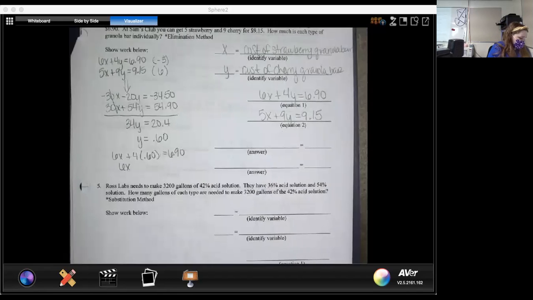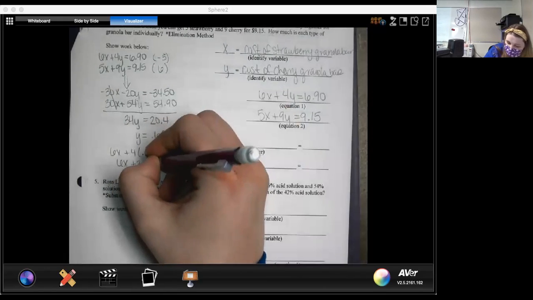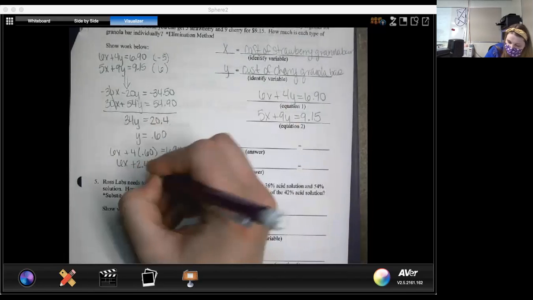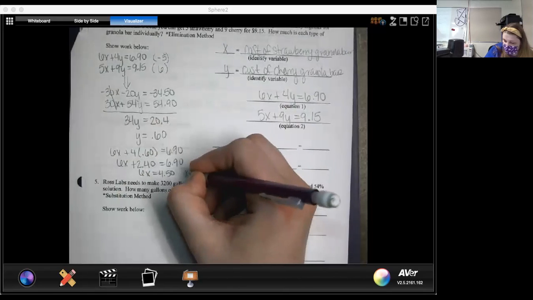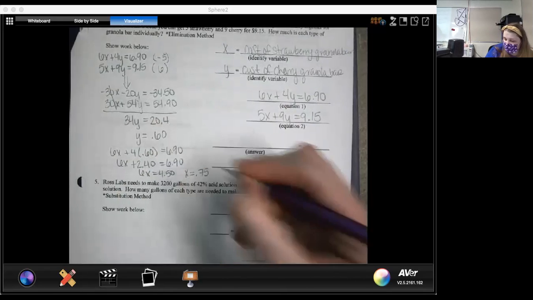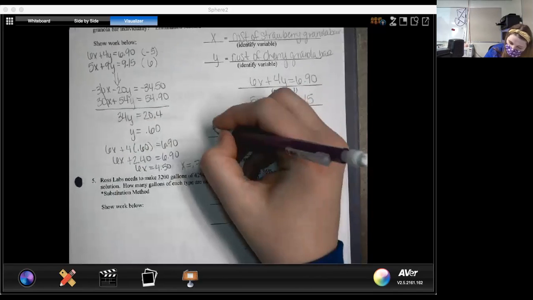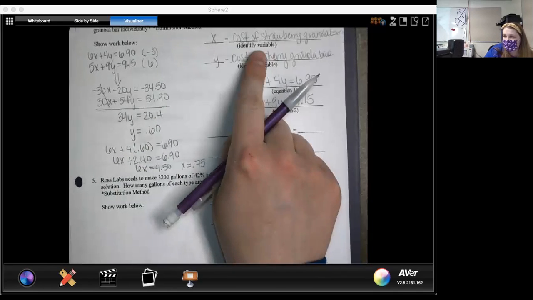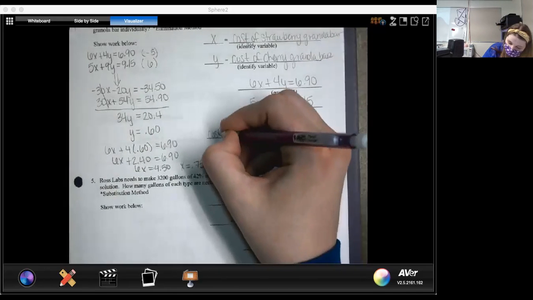Subtract over. You should get x equals 0.75. So looking at my cost, you also could have said price of, cost of, those both mean the same thing. Either way.